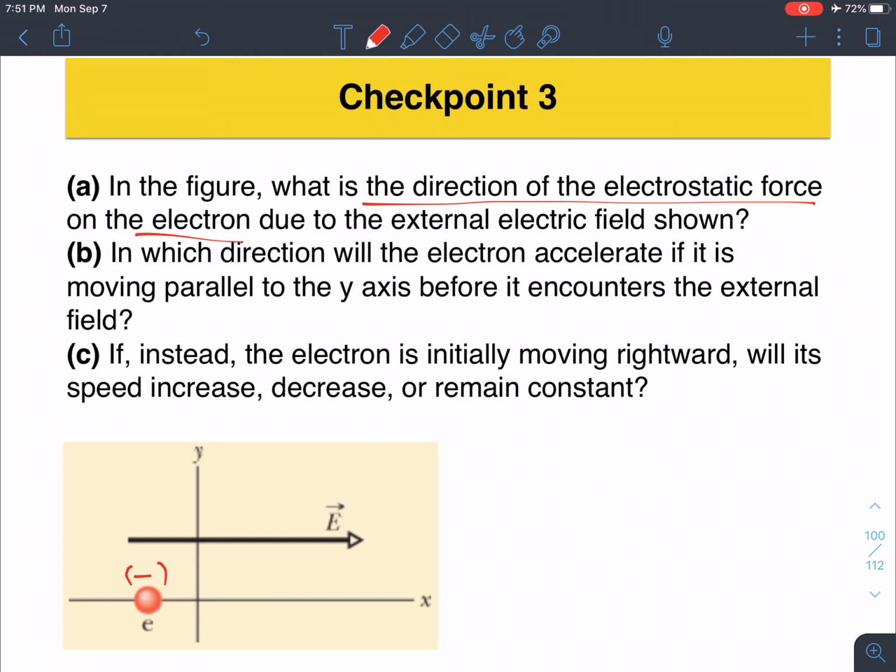Since the electric field is to the right, and again, F equals QE, and your Q is the electron, so you would write it as negative e, because this e is the elementary charge, which has a magnitude of 1.6 times 10 to the negative 19 coulombs, and it is negative because this is an electron, right? So when you put that in, you can see that those vectors are opposite each other, and that's why it's going to be the opposite force. So it will go to the left.